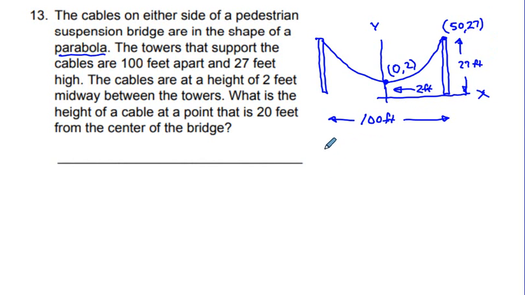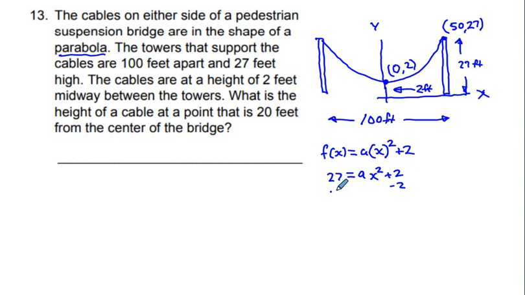So we're going to have f of x is equal to a times x minus h squared plus k. Well, h is 0, so that's going to be a x squared plus 2. To use our one other point, we take 27 in place of f of x, so 27 equals a x squared plus 2.